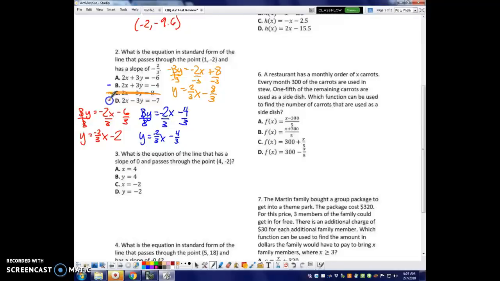Last one, D. So we have negative 3y equals, we move that 2 over, it becomes negative 2x minus 7. Divide by negative 3. Y equals, negative 2 divided by negative 3 is positive 2 over 3 x. Negative 7 divided by negative 3 is positive 7 over 3. Did that slope match? No. So it's definitely not going to be C or D. So now we're going to be looking at A and B.